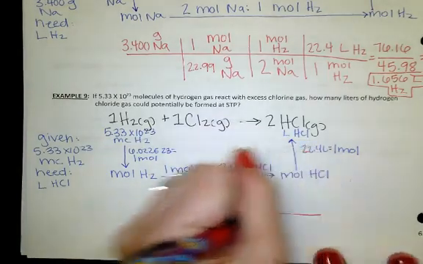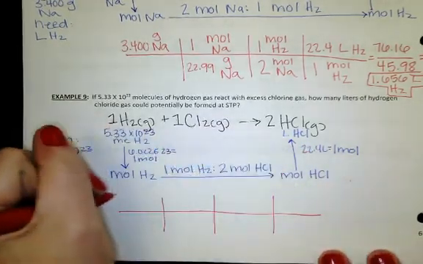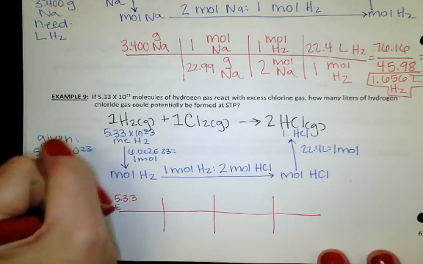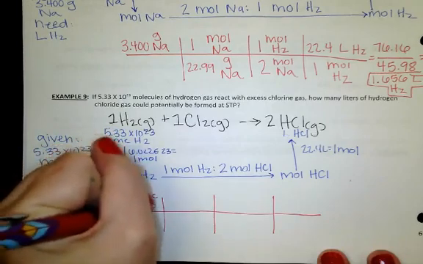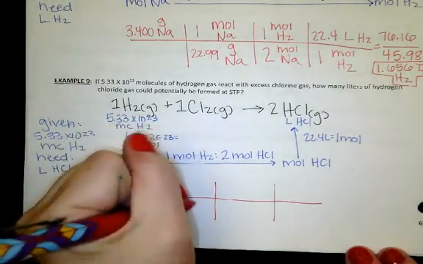So we're doing 3 conversions, so draw 3 lines. Starting off with 5.33 times 10 to the 23rd molecules of hydrogen gas. Okay, so we have molecules on top.